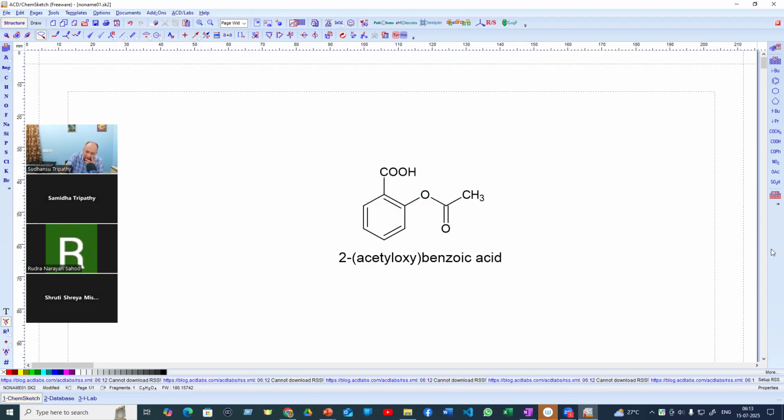The commercial name is aspirin, acetyl salicylic acid, which is a painkiller, an analgesic, an antipyretic. Mostly it is used as an analgesic. Paracetamol, which we'll be learning in the chapter on amines, is used both as an analgesic and antipyretic. 2-acetyloxy benzoic acid.